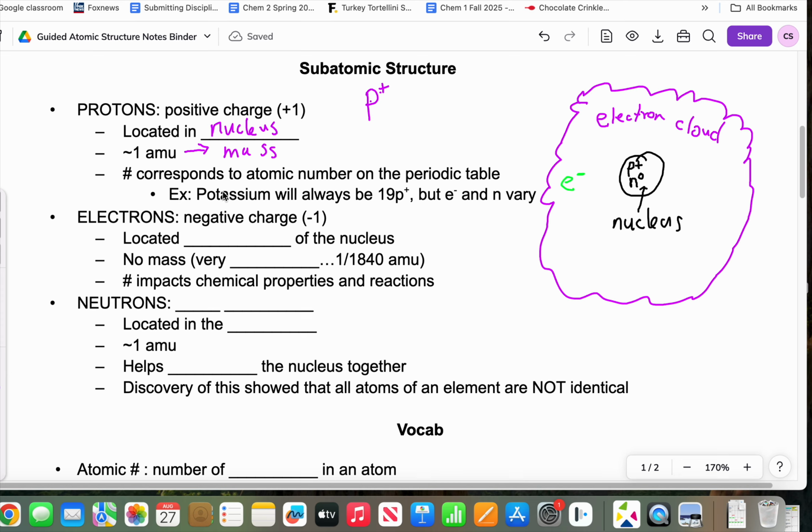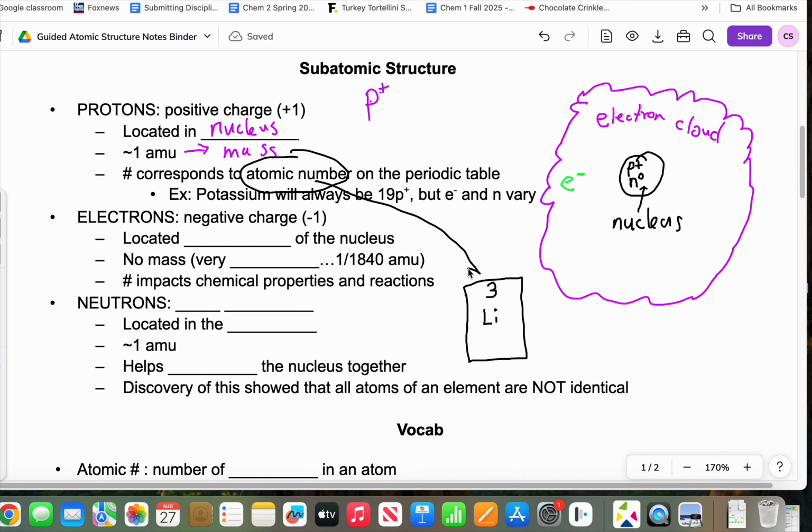One of the most important things is the atomic number, located on the periodic table. If you look up lithium on the periodic table, lithium is number 3. You're going to see a whole number at the top. That is the atomic number.